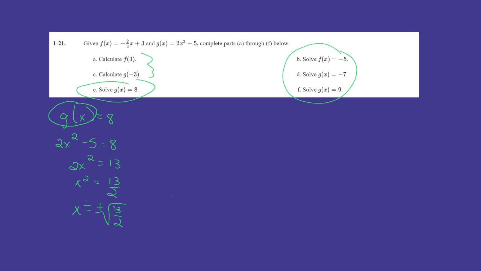I'm going to solve one more, because then we're going to end up putting them into the tables so you can see how they work on the Desmos activity. So you'll get a better feel for it. So the same thing, g of x equals -7. So what I'm going to do now, again, is substitute it in. We're going to add 5.